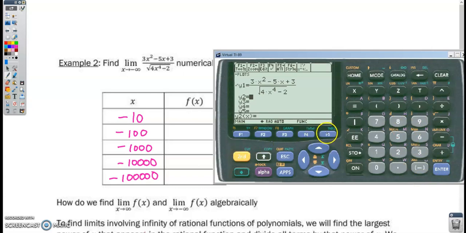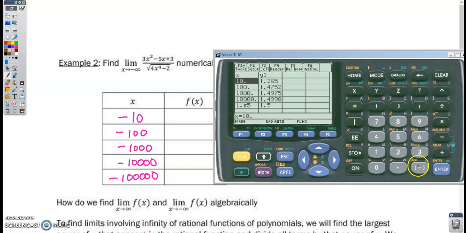My table's already set up to ask, and now I just need to type values in: -10, -100, -1000. Oops. By the way, this overwrites, so I've got to remember to keep moving down a block as I'm entering these bigger and bigger values in here.